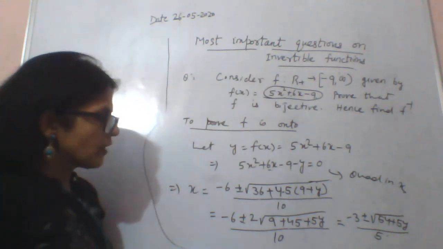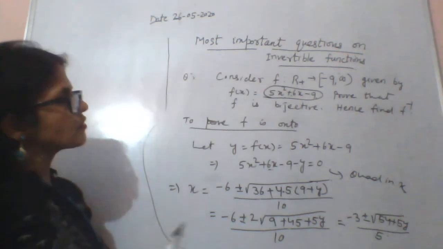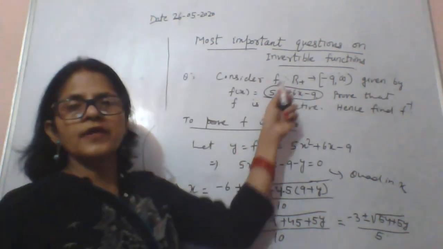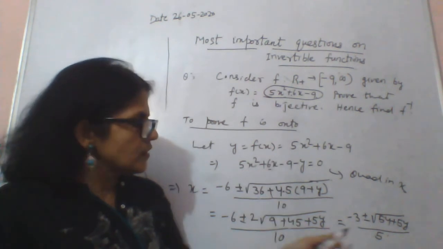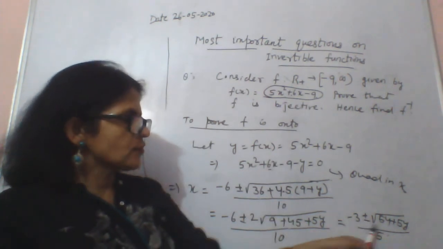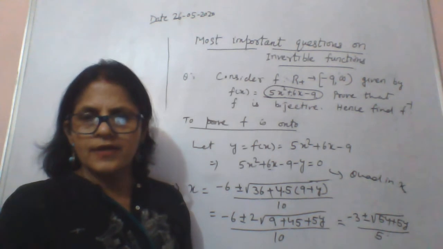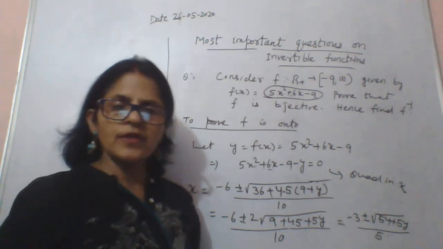And also we have x belongs to the set of non-negative real numbers. It means this minus 3 minus of this we will not take. So we will consider only one value.